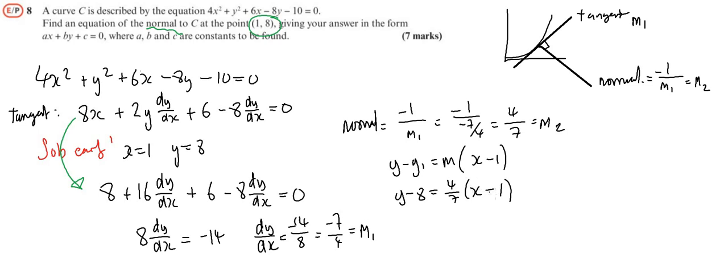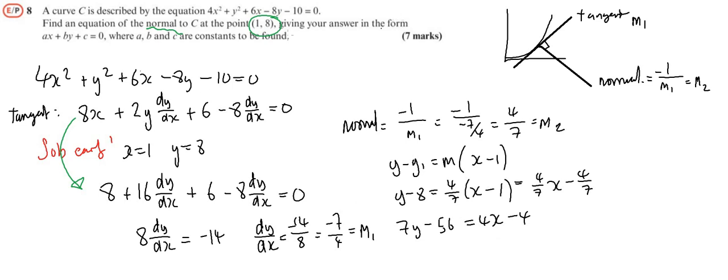Now all I have to do is expand out my brackets. So that equals 4 over 7 x minus 4 over 7. I've got denominators here, so let's multiply through by 7. So I've got 7y minus 8 times 7, which is 56, equals 4x minus 4.